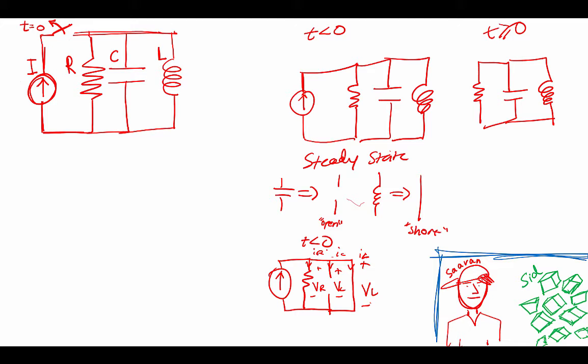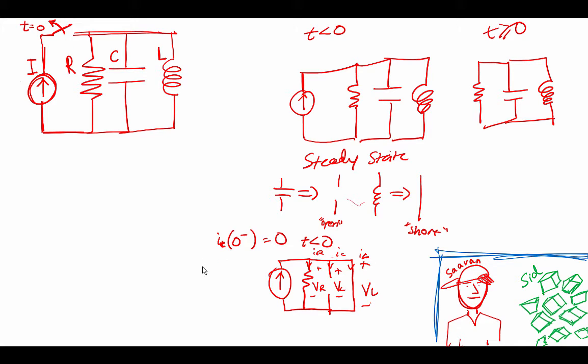So what's IC? IC is the current going through the capacitor. Because we know it's in steady state and acts like an open, IC of 0 minus, right before the switch is opened, is 0. Awesome. How about the other ones? Is there any voltage difference across VL if it's just a short circuit?